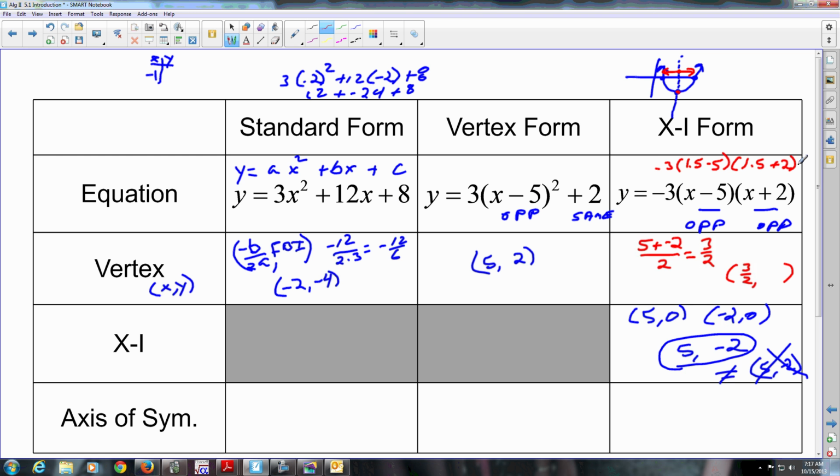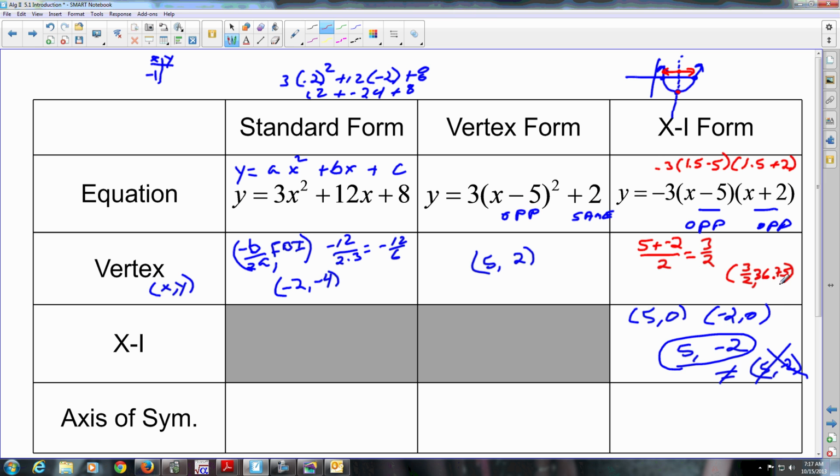So you got negative 3, 1.5 minus 5, and whoops, hit the wrong key. Imagine that, 1.5 plus 2. And I get 36 3/4. So coming in here, 36 3/4.